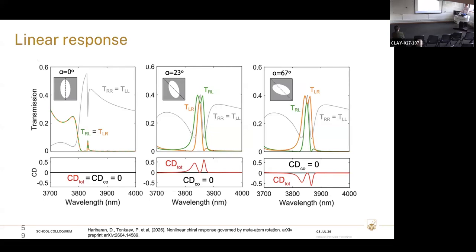For 23 degree, for both of them, the copolarized transmission is equal to each other because we have out-of-plane mirror symmetry here.